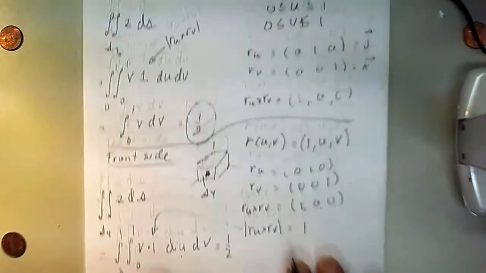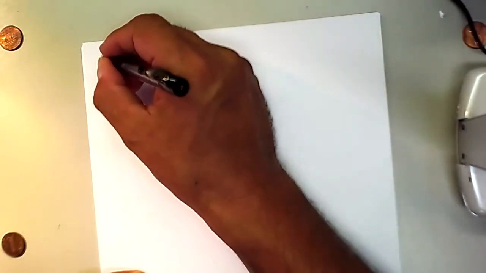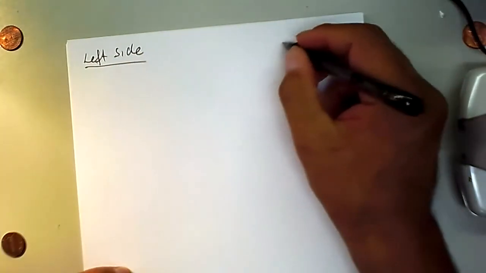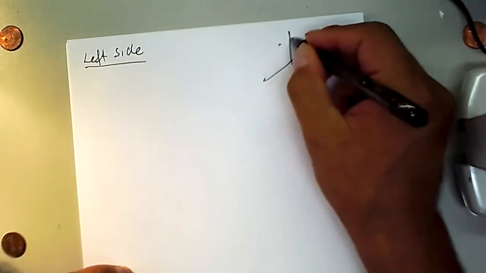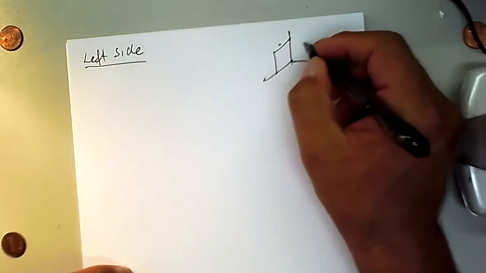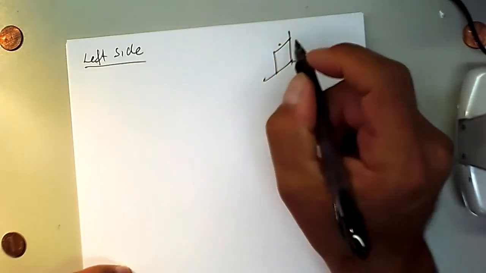How about, let's do a new page. How about the right? No, the left side. Left side. So we want to parameterize this side. Again, that's the left side of the cube as we face it.